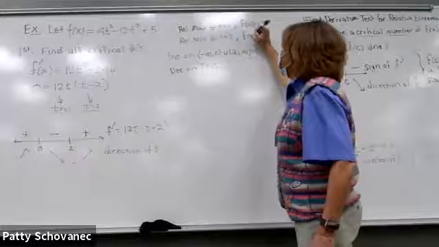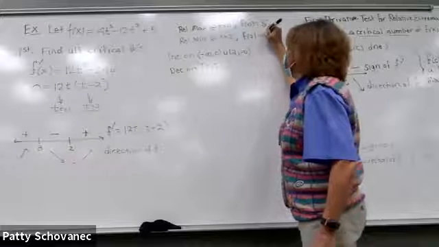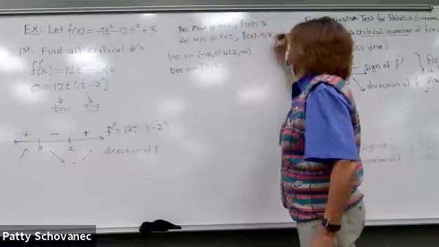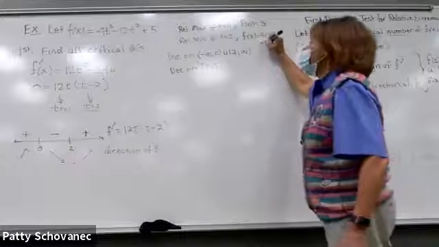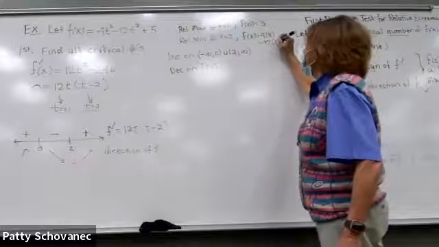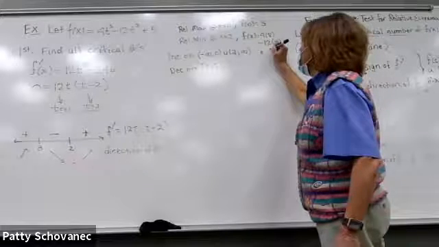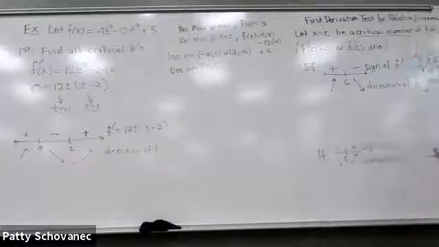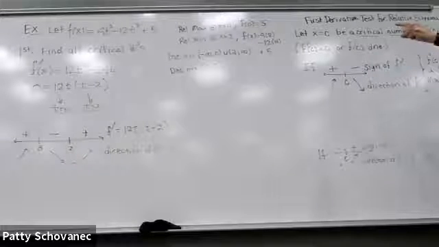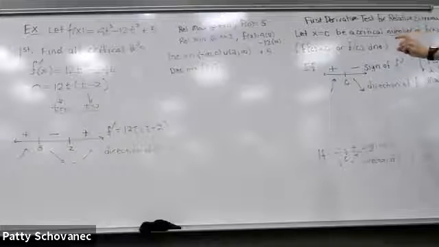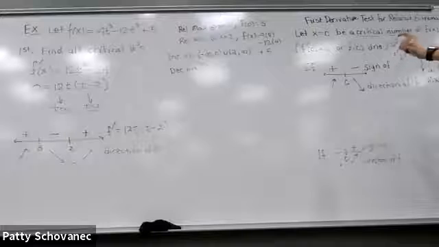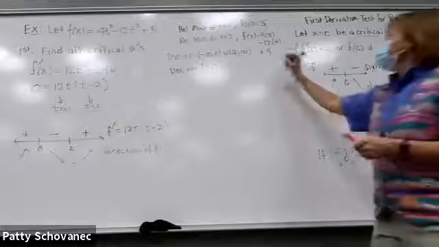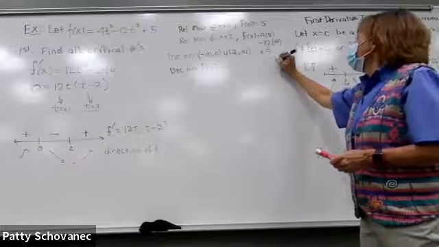F of 2 is 4 times 8 minus 12 times 4 plus 5. So let's see, 4 times 8 is 32. 12 times 4 is 48. 32 minus 48 is a negative 16 plus 5 is negative 11.